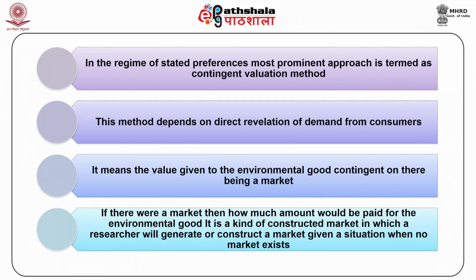That is, if there were a market, then how much amount would be paid for the environmental good? It is a kind of constructed market in which a researcher will generate or construct a market given a situation when no market exists.